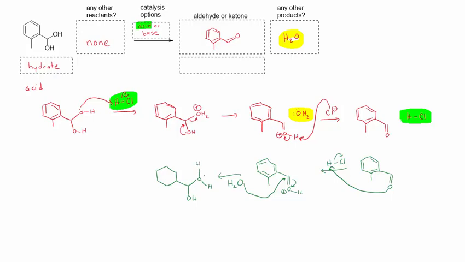It has a positive charge. And the conjugate base of the strong acid that we used can act as a base, which regenerates our strong acid. So let's map this. We have a strong acid that was used catalytically and then regenerated, and we have a water molecule that was stoichiometric, used as a one equivalent reactant.